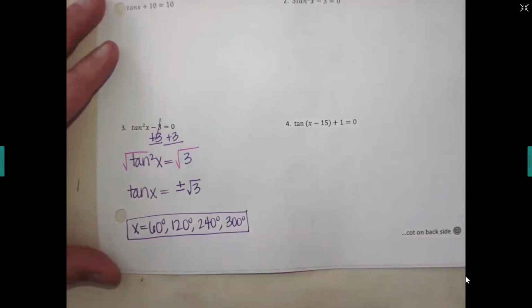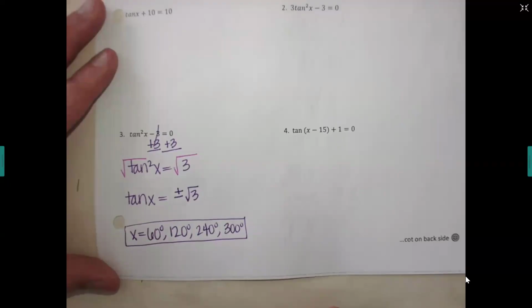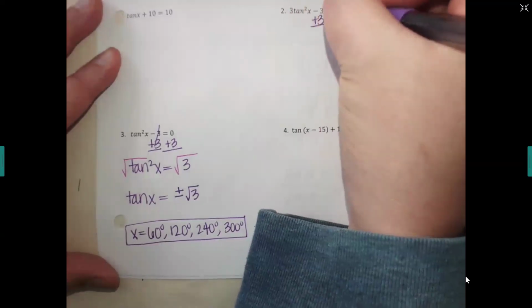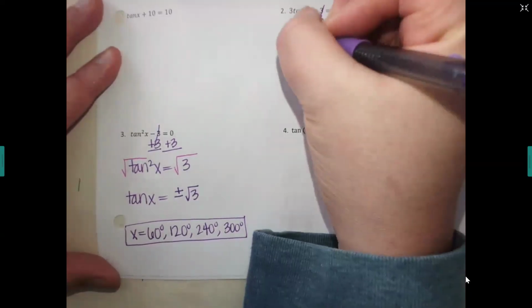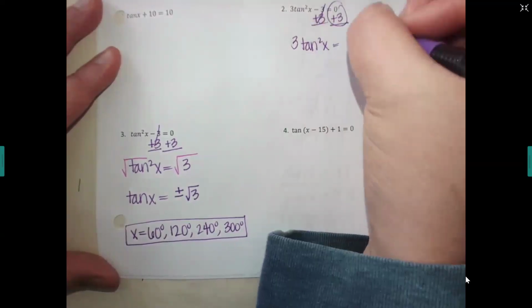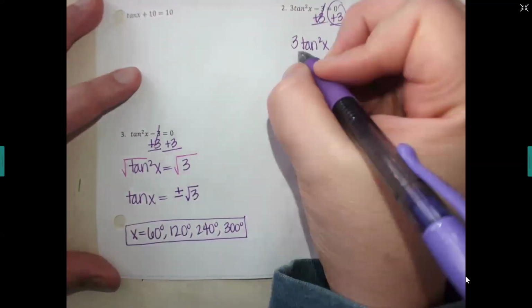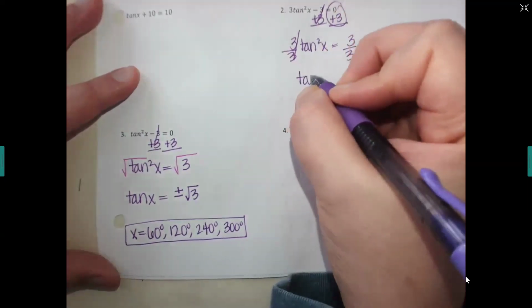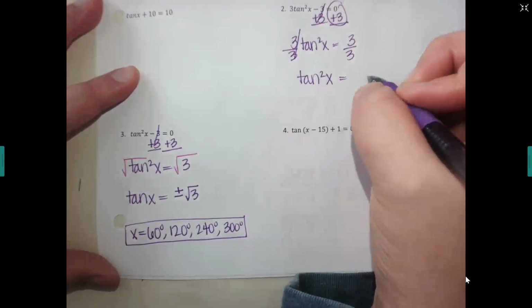Last one we'll do off this page. Do number 2. Okay, so 3 tan squared minus 3. What do we do first? Plus 3 plus 3. Next step, divide by 3, which means you have tan squared x equals 1.